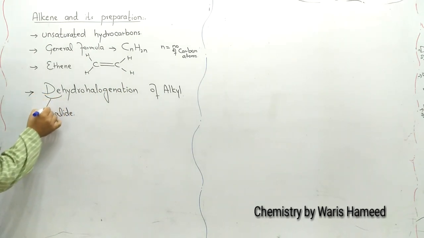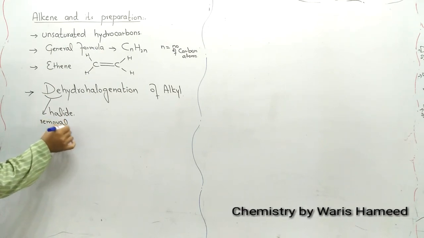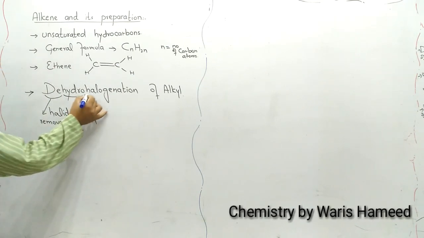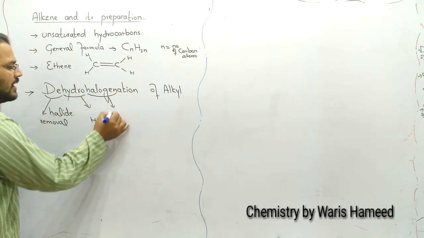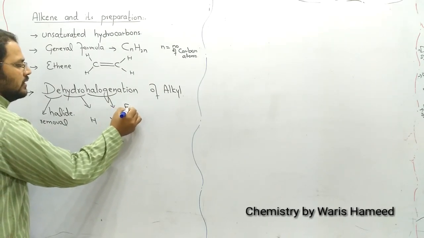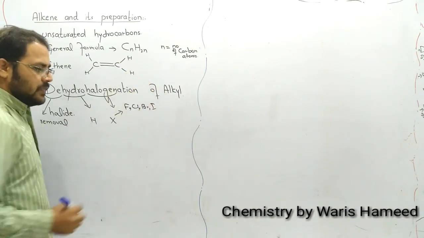D means removal. Hydro stands for hydrogen and halogen stands for the X atom, which may be fluorine, chlorine, bromine or iodine.